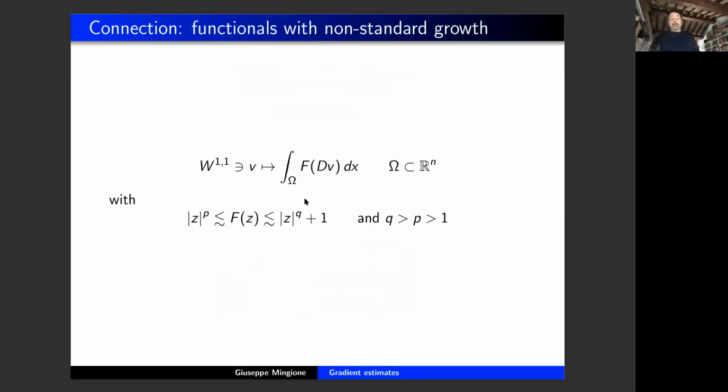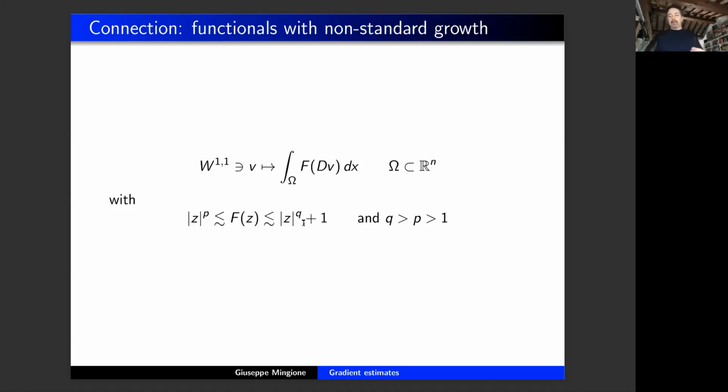Okay, so there's a straightforward connection with functionals with non-standard growth conditions. Essentially, these are functionals that are coercive in a space that is W^{1,p}, which is strictly larger than the one where they are bounded, so it's W^{1,q}.